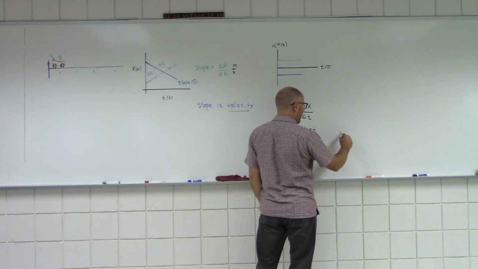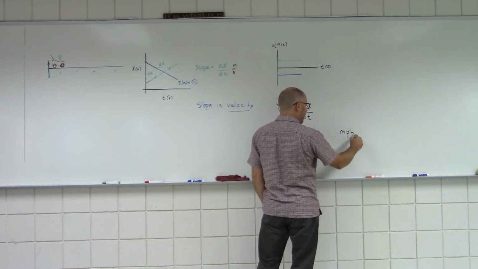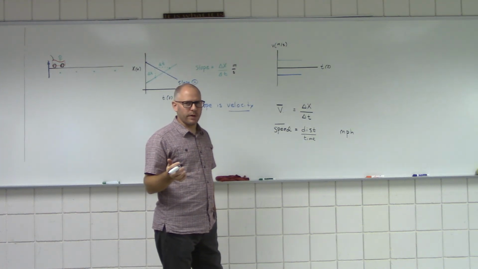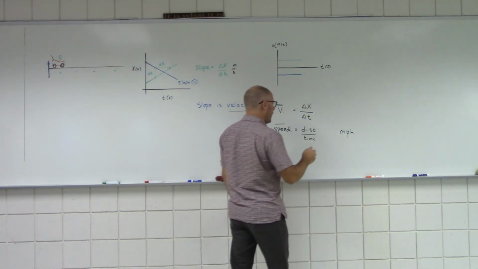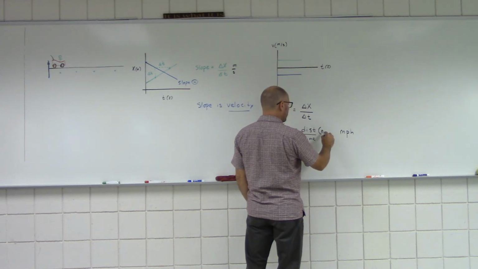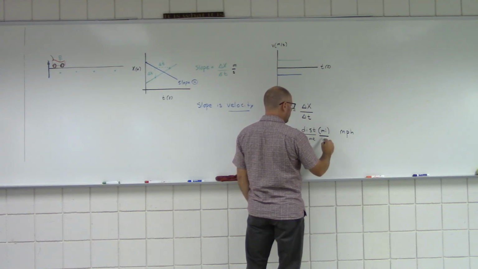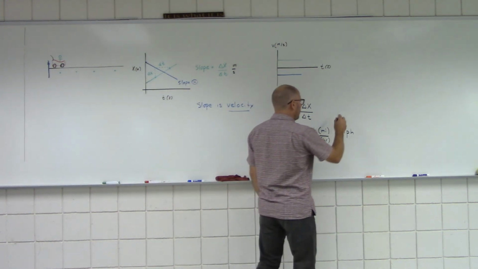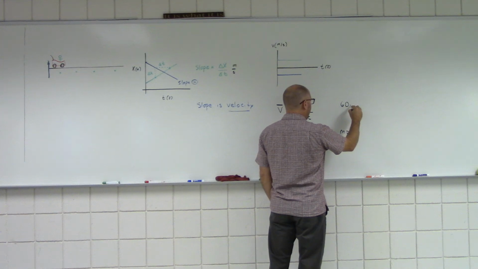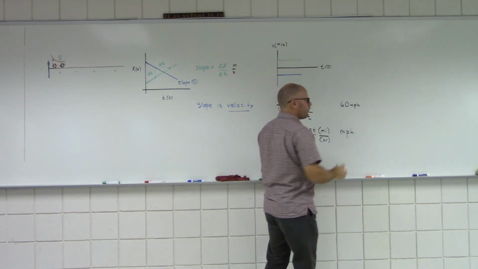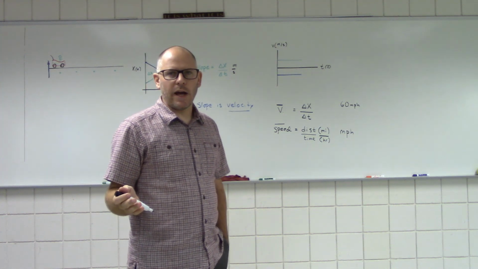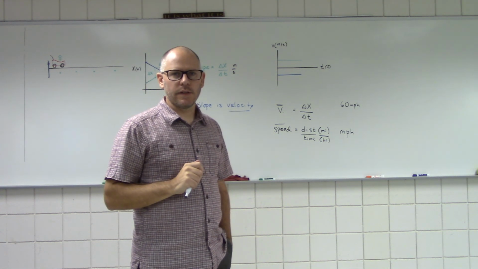They write it like mph in your car, which they want to mean miles per hour, but that's a little bit frustrating. It's more like miles divided by hours. So 60 miles per hour means for every additional hour that you travel, you're going to go an additional 60 miles.